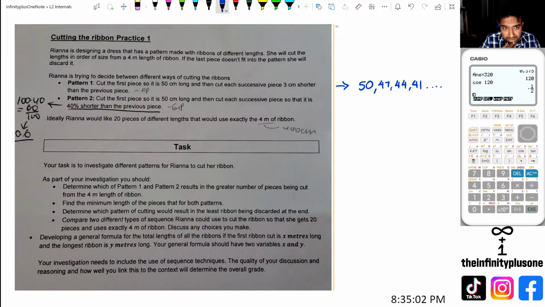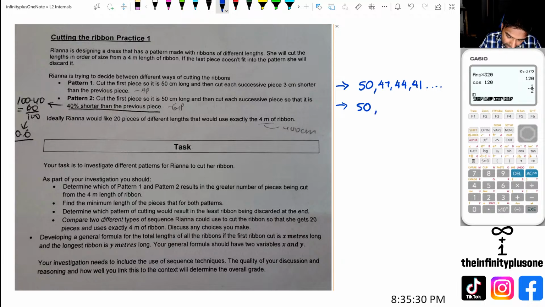Pattern 2 is: cut the first piece, so it's 50 centimeters long. So the first piece is going to be 50. And then each successive piece is 40% shorter than the previous piece. So if you think about it like a ratio, it's decreasing by 40%. That means only 60% of the 50 is going to remain.